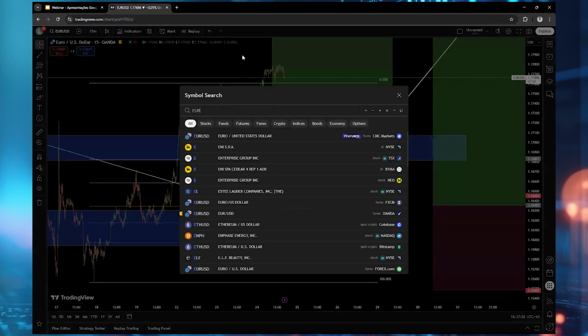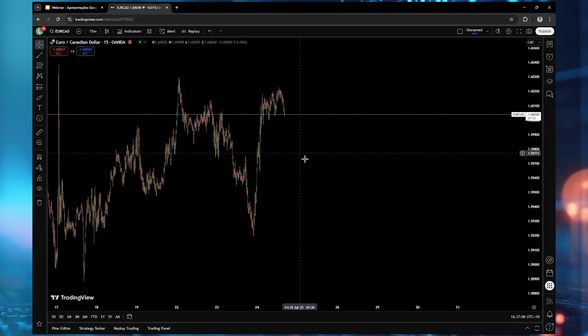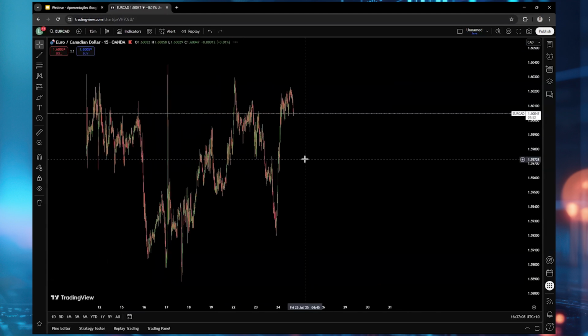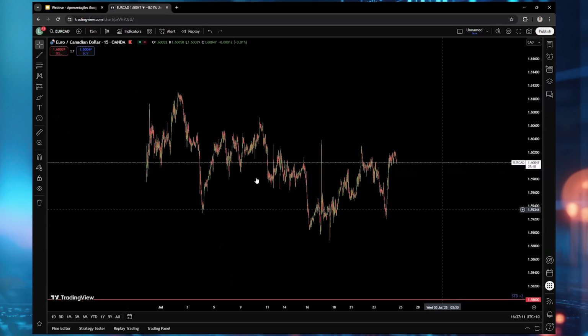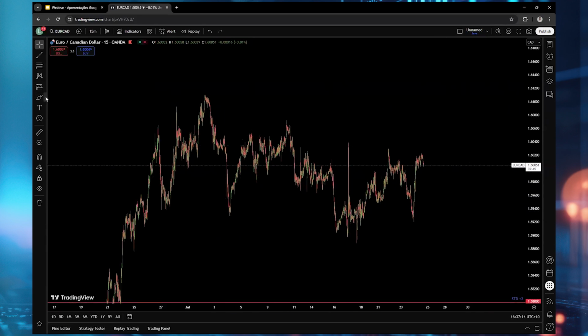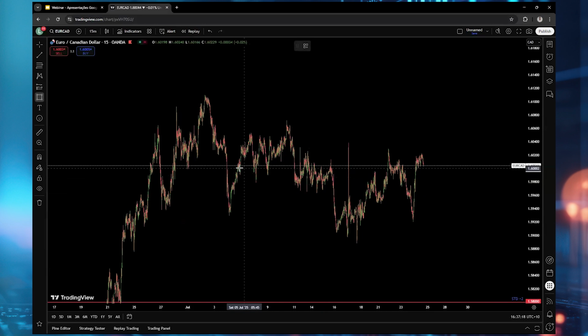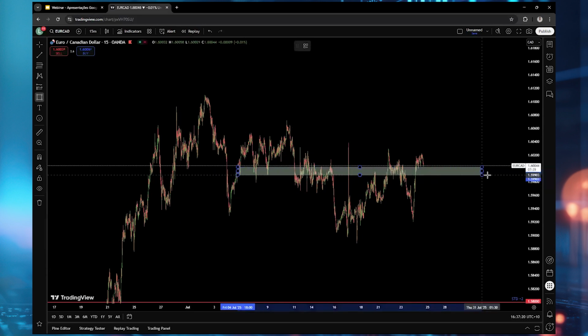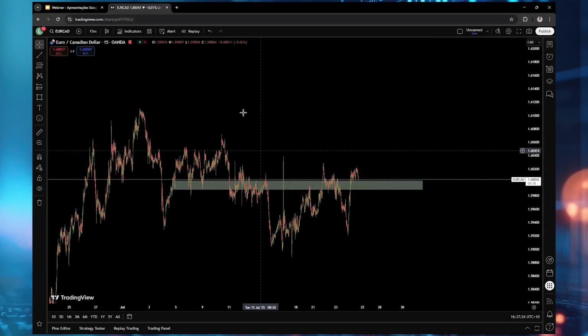Okay, so I'm very, very bullish on the euro, not only against the US dollar, but we could trade that against the Canadian dollar. So for instance, EURCAD, and we can trade longs on EURCAD as well. There are some nice places that you could place it. For instance, there you go. Here we have a sort of support resistance area, and we could trade above the highs of 1.61.